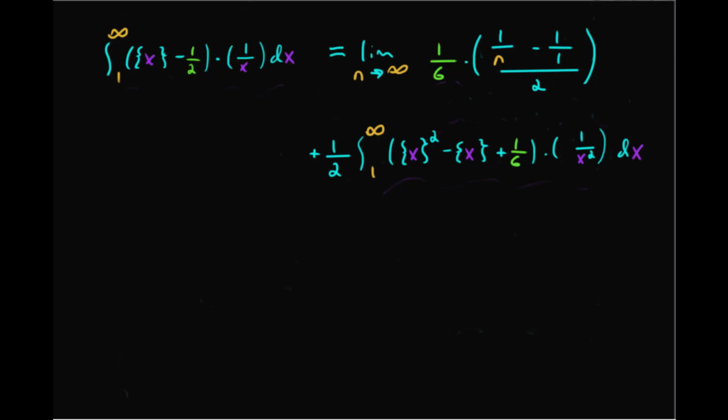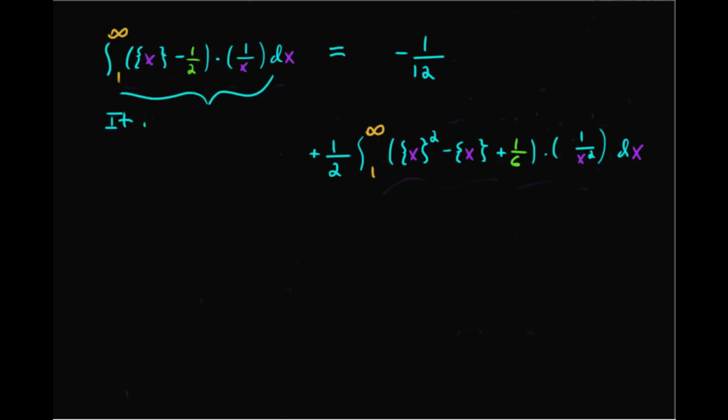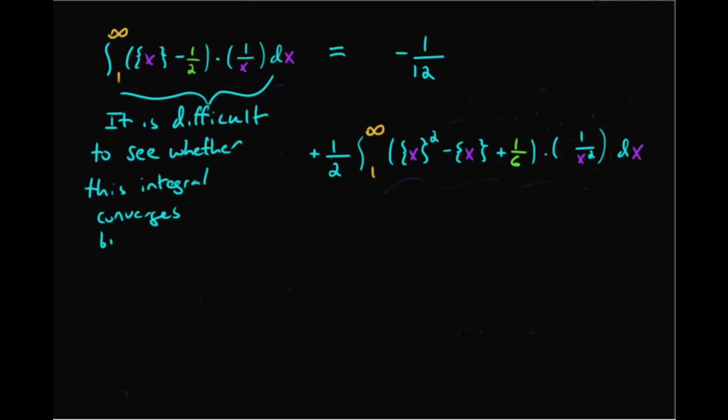And then if we just look at our correction term on the right-hand side, as n goes to infinity, that term 1 over n, of course, goes to 0. So this becomes a constant, and we just have 1/6 times negative 1 over 2, so that just becomes negative 1/12. Now, as I said, it's difficult to know whether the error integral from the first derivative form of the EMSF converges just by eyeballing it anyway.